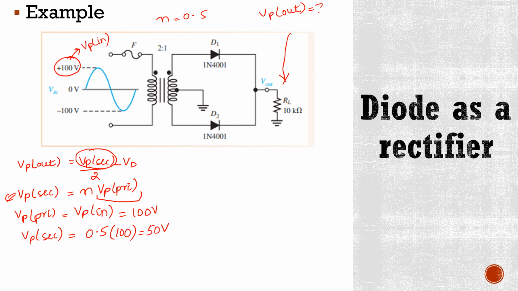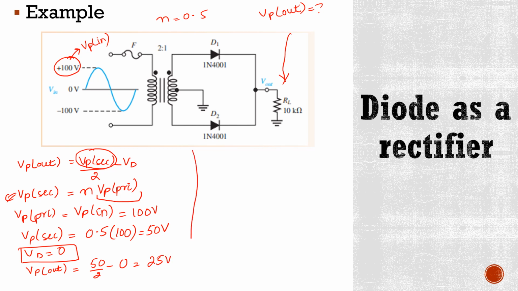Okay. Now if this diode is ideal, it means Vd is equal to 0. So in this case, the peak output voltage will be equal to 50 divided by 2 minus 0, which is equal to 25 volts.